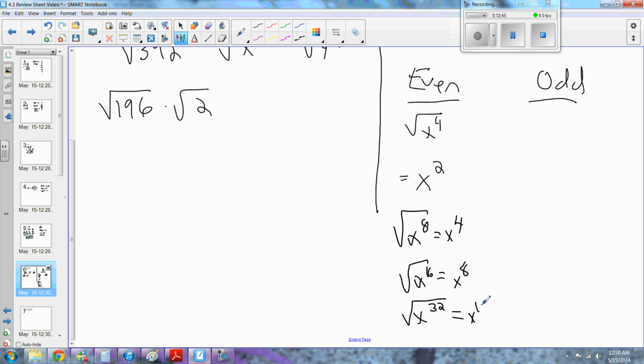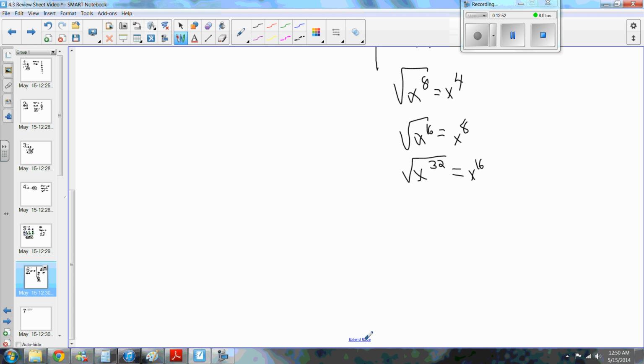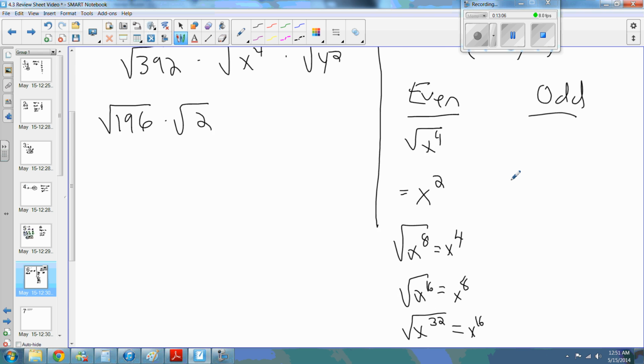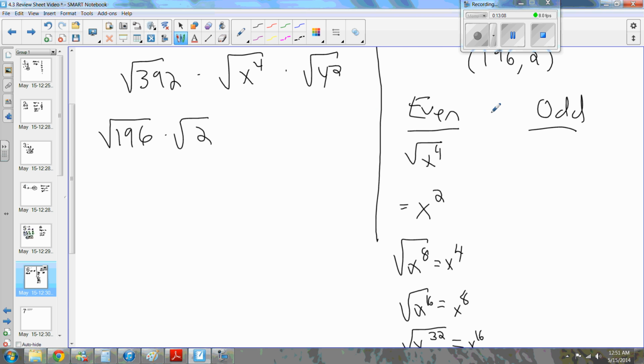Well, that's just x to the 16th. You'll see this can just go on and on. What's the square root of x to the 12th? That's x to the 6th. So anytime you have an even exponent, you are just dividing that exponent by 2 and then removing the radical. Odds are a little different, and let's deal with these individually.